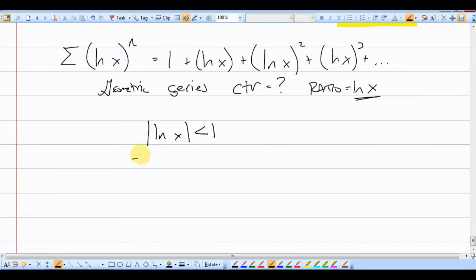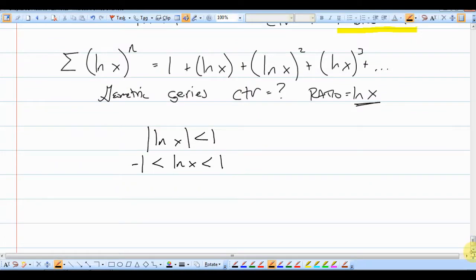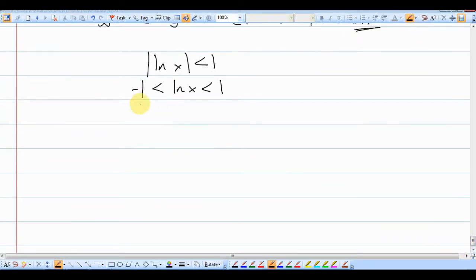And then to solve that, you'll have to set up this inequality. And then you're going to exponentiate. And that gives you 1 over e is less than x is less than e. And that's my interval.